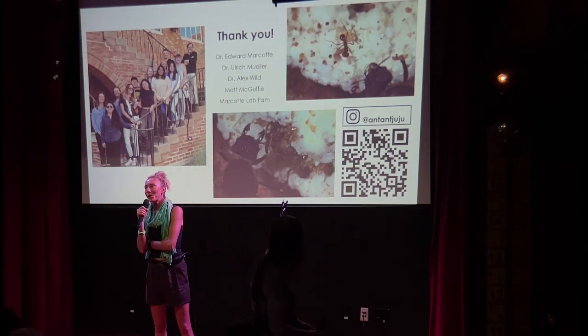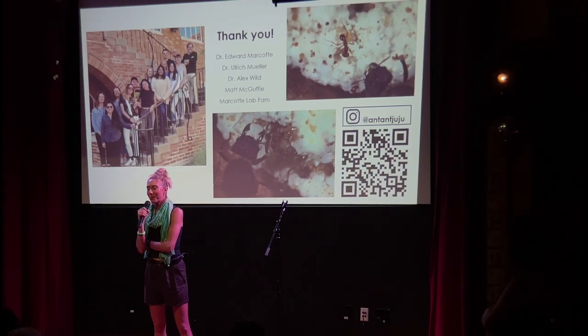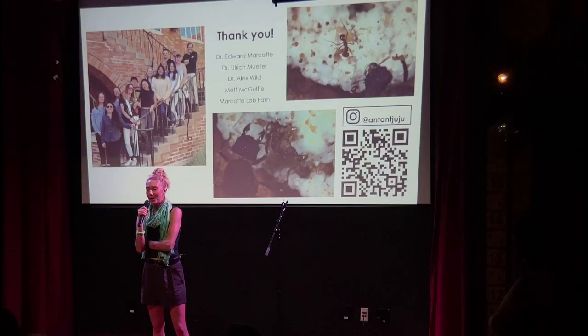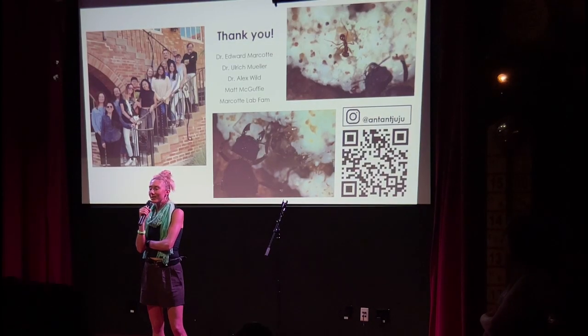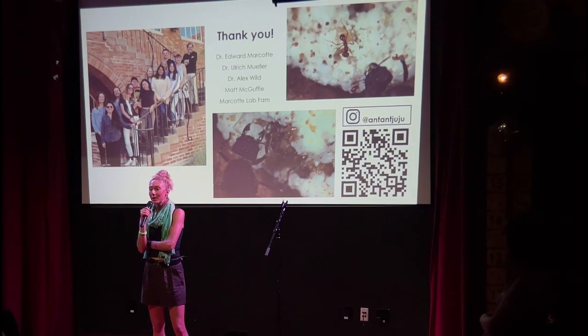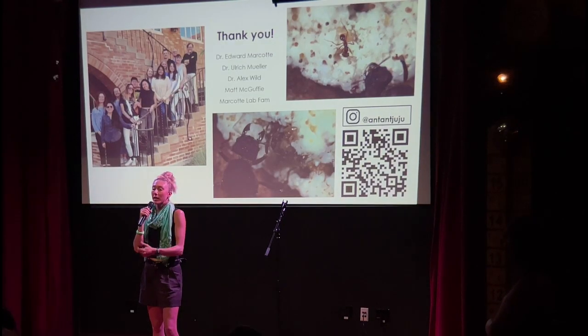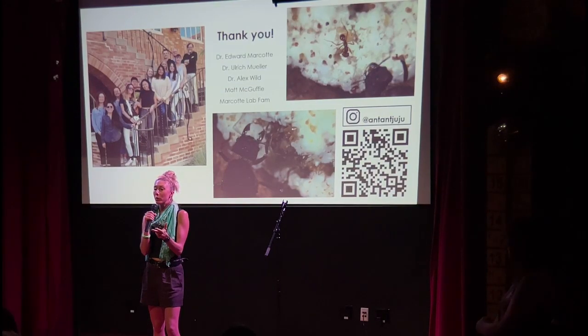So the queen does not determine what type of worker size will come out of the egg. She does determine when she lays the queen, so she lays larger queen eggs. But the size of the worker is a little bit determined by temperature and what time of year the larva is developing, and also how much food the larva gets.